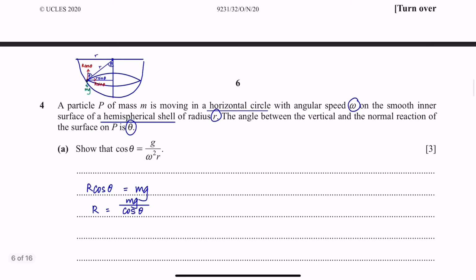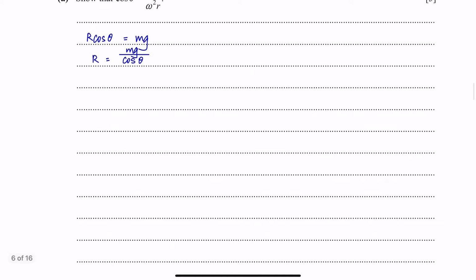And for the horizontal direction, we know that the centripetal force is equal to m times the radius. Let's write the radius instead of just r, because we'll be confused after that. M times radius times omega squared.